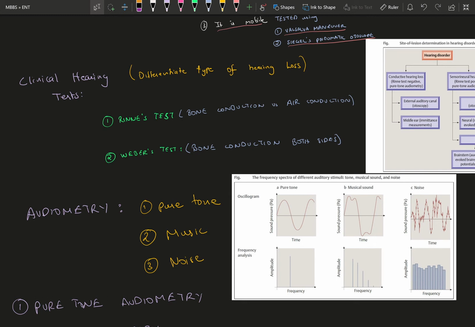So your clinical tests, important tests which you need to know are Rinne's test and Weber's test. In simple words, Rinne's test compares bone conduction versus air conduction. Usually air conduction is better than bone conduction. Then followed by Weber's test where it compares the bone conduction on both sides.